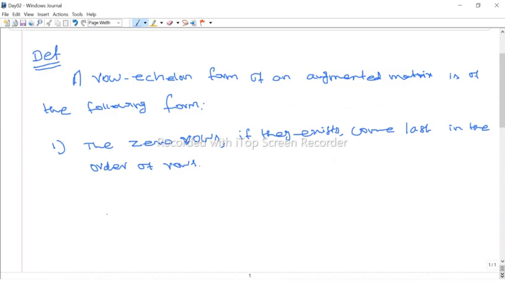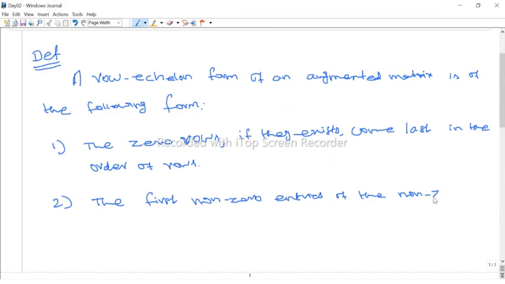Next, the second thing we have to do: we take the first non-zero entry of each non-zero row. Non-zero rows contain non-zero elements, right?